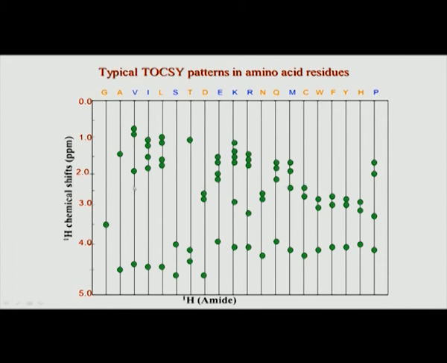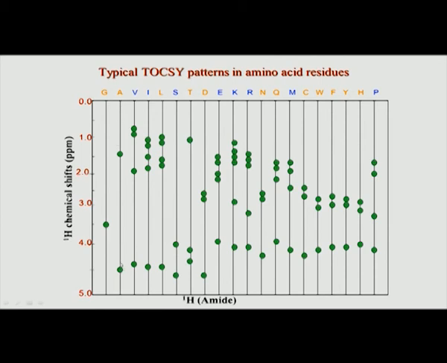And you can see each amino acid has a very distinct pattern of peaks expected in this region. So, for example, glycine: it can be 2 peaks or it can be 1 depending on the chemical shift, but it has only 2 alpha protons. There are no hydrogens in the beta, gamma, delta; it is only alpha, and that comes around 3.5 to 4 ppm. Then comes alanine, which is what we have been seeing.